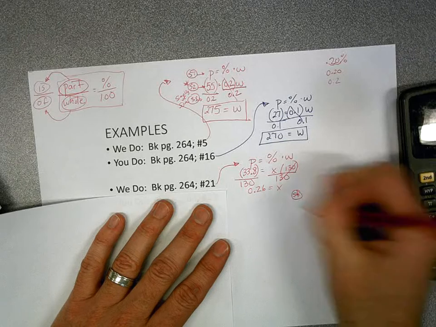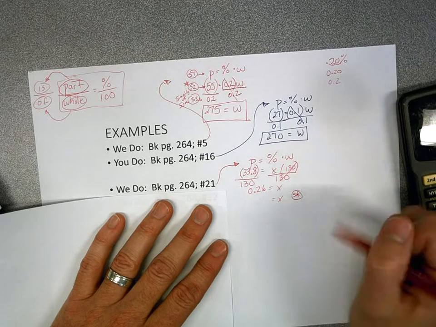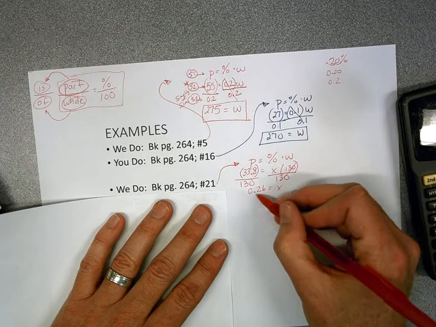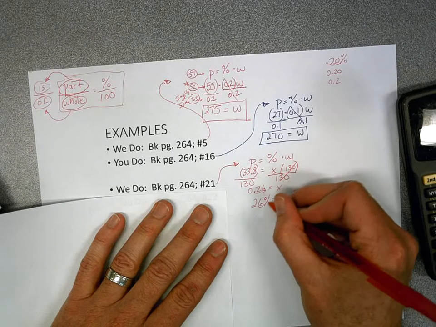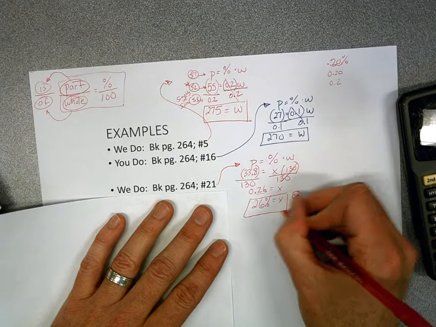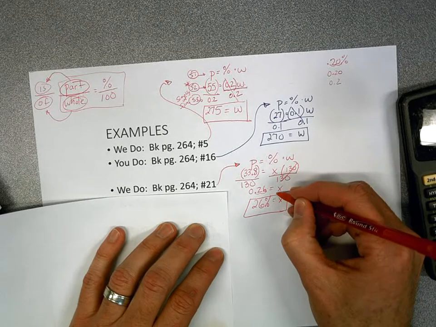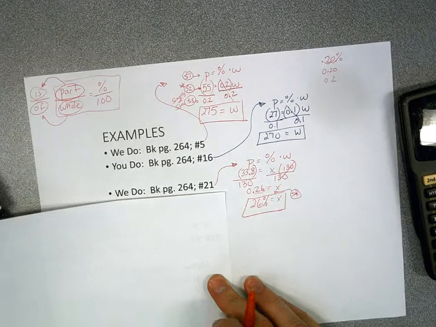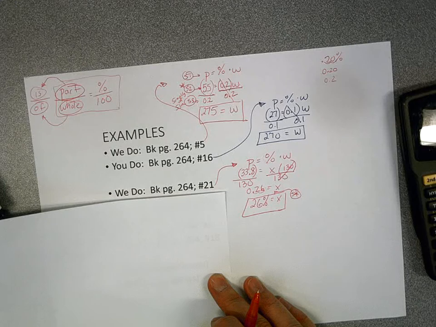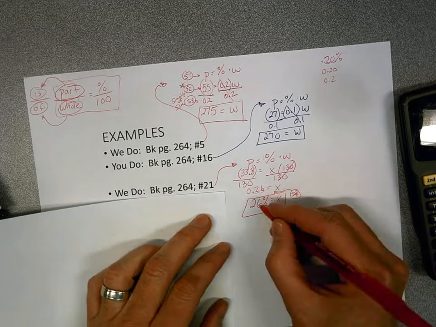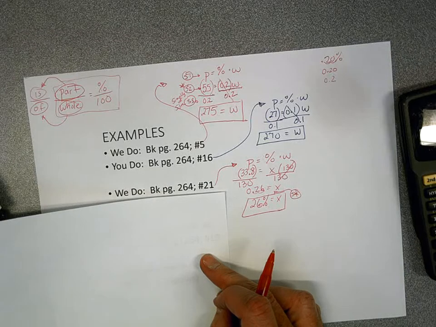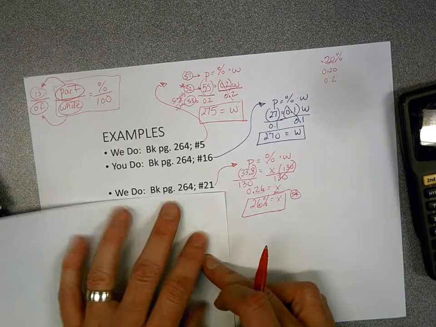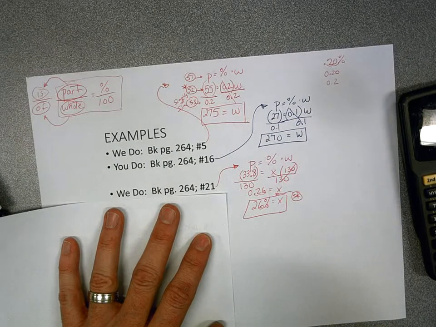That means moving the decimal 2 places to the right, and what we have is 26%. So remember, if you're finding the percent, don't forget to convert it back to percent form, because when you solve it out of the equation, it's always going to give it to you in decimal form. Questions about that? Same kind of thing, but you just have to watch out for that.